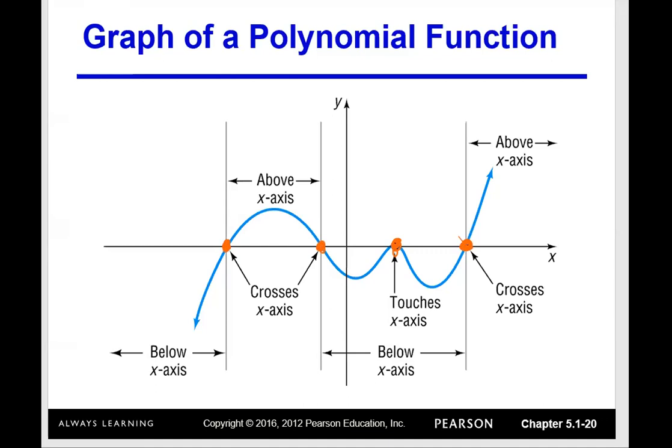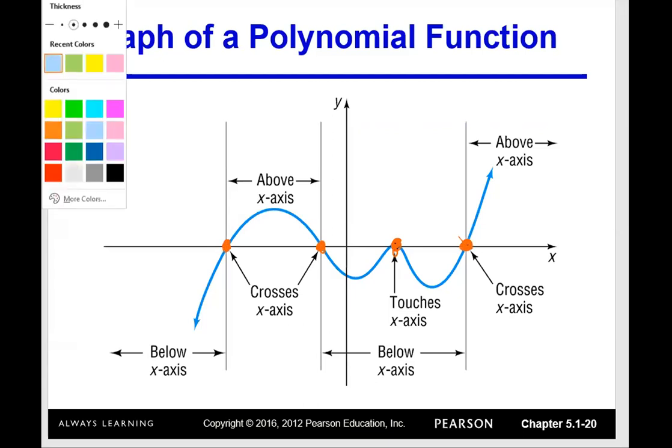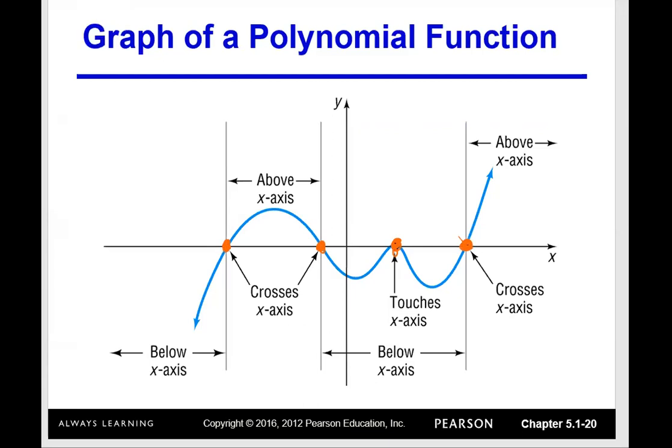Now, when I'm looking at the graph, some things to think about here. When you're at this point, if you look to the left of that point, the graph is below the x-axis, but to the right of that point, the graph is above the x-axis. So that at that point, the function crosses the x-axis.